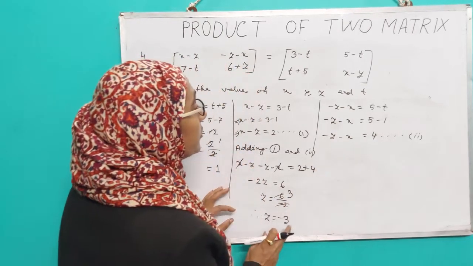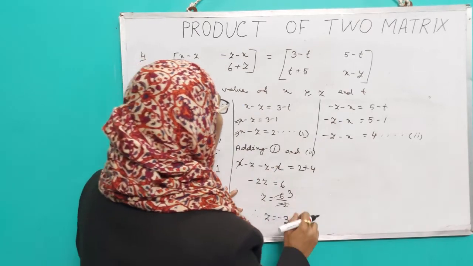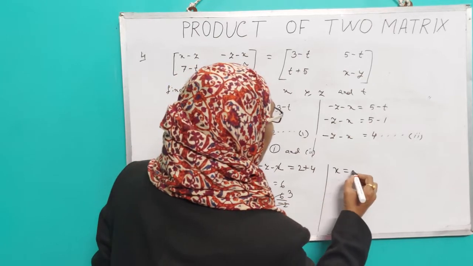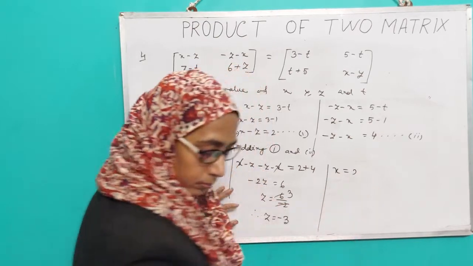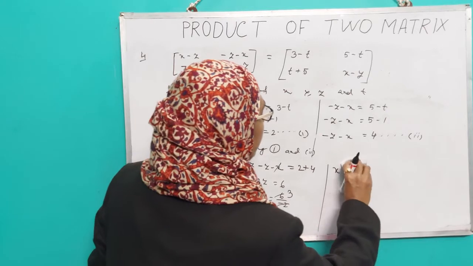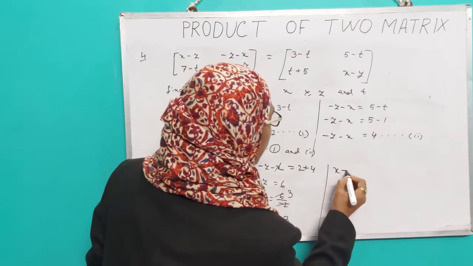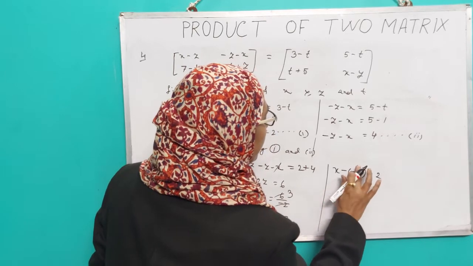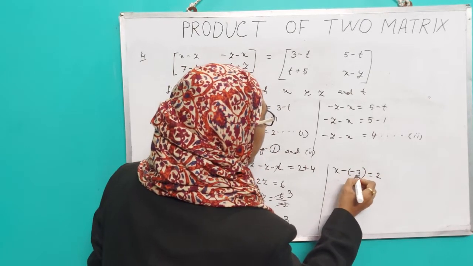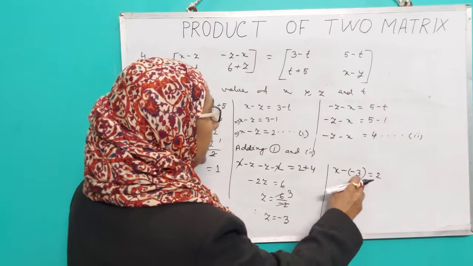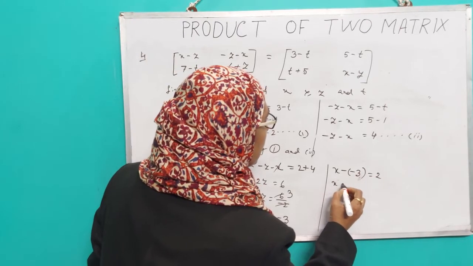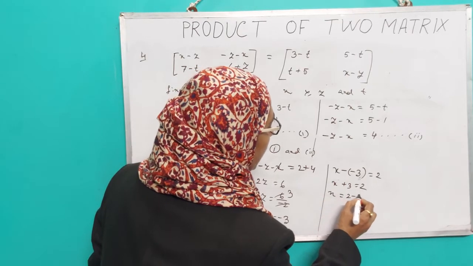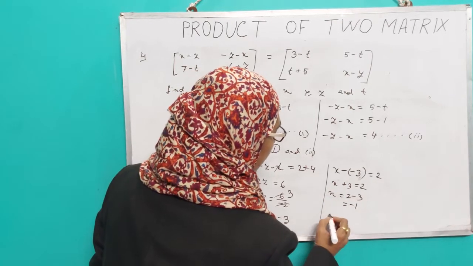Putting the value of z in equation 1, we get x minus z equal to 2, z equal to minus 3, x minus of minus 3 equal to 2, x plus 3 equal to 2, therefore x is equal to 2 minus 3 equal to minus 1.